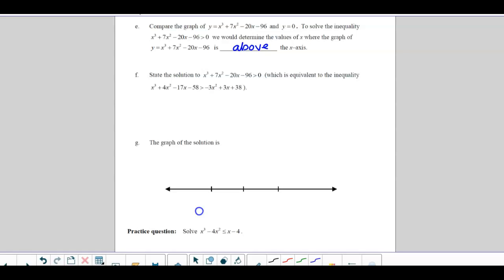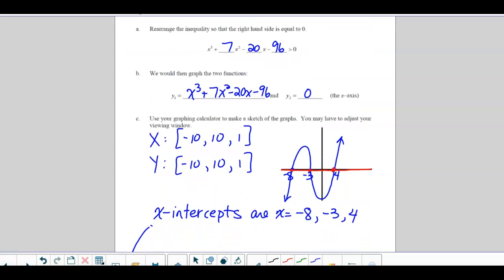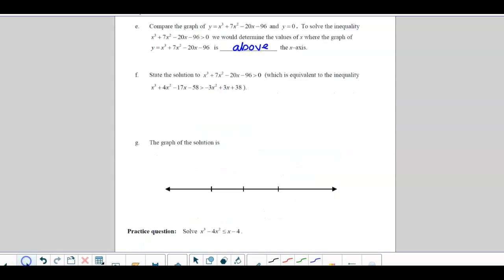Okay, so when we look at our graph, so I've got to go back, and we want to look above the x-axis, so that's this part of the graph and this part of the graph, not including the x-intercepts. So from -8 to -3, and then greater than 4. So we want to go -8 to -3, and then greater than 4.